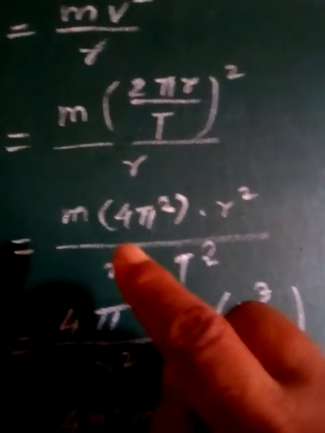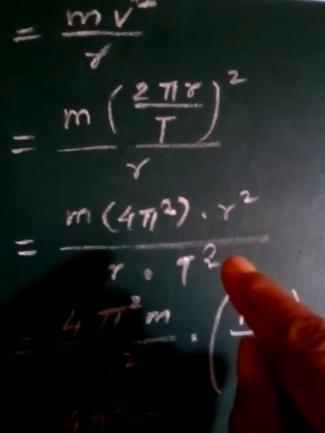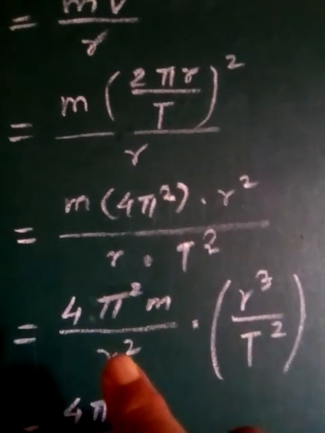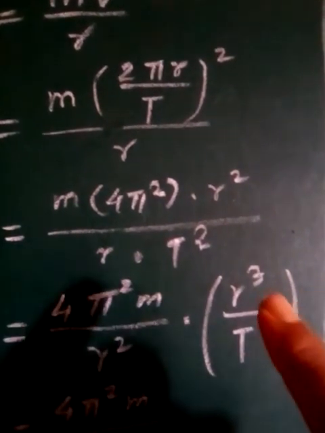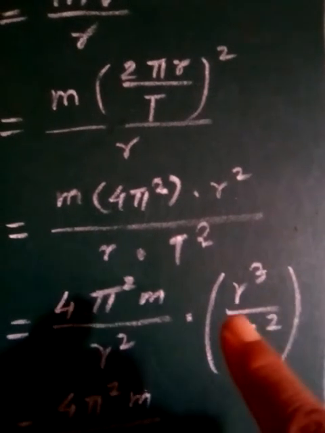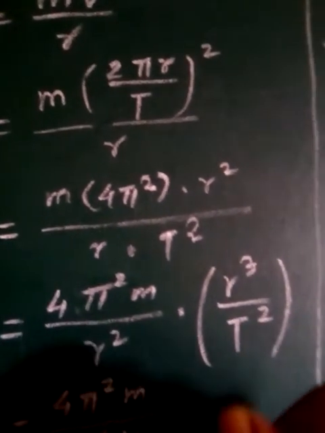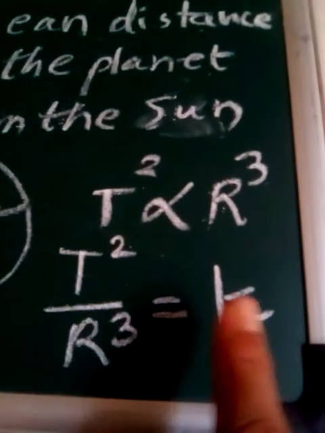Now I multiplied this numerator and this denominator by r. So here I get r square and here I get r cube. So here I get a quantity r cube upon T square. Now according to Kepler's law, we know that T square upon r cube is k.